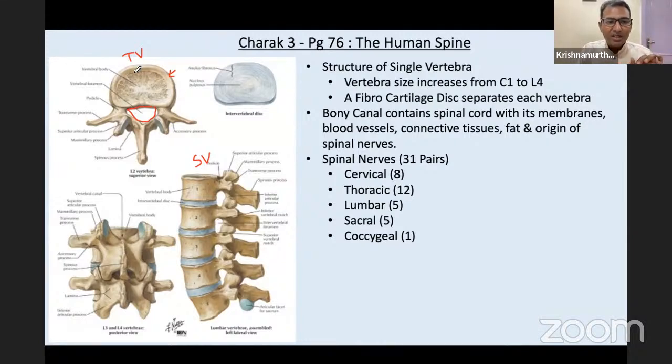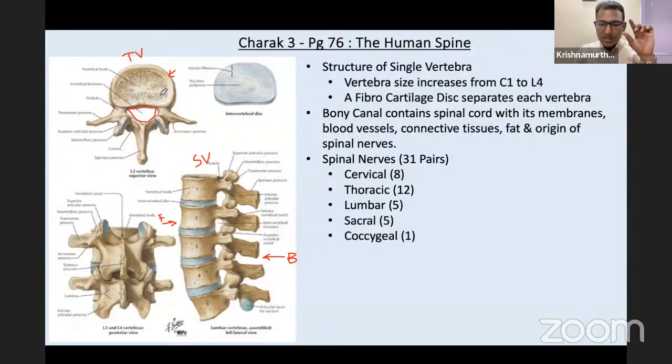This part is your back. When you touch the spine in the back, this part is what you are touching. And this is towards the front.